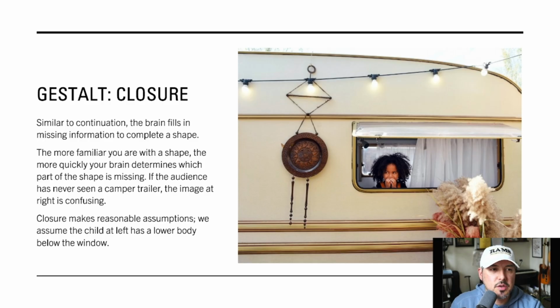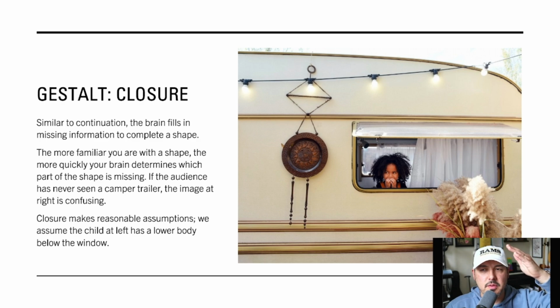So related to continuation, we have closure. Both of those ideas come from the place that even though you can't see all of an image, or you may have momentarily no longer seen an image, you don't assume that it just totally ceased to exist.